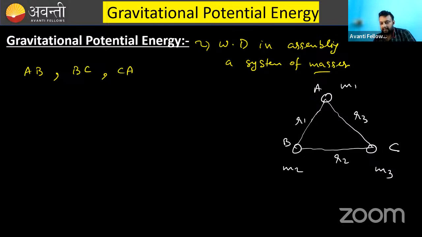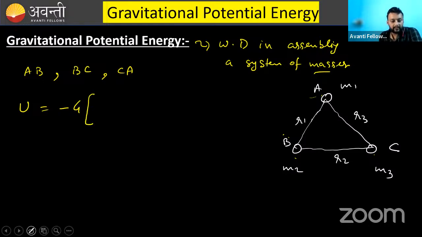Out of these three masses, you need to form the pairs. So A and B is a pair, B and C is a pair, C and A is a pair. Only three pairs are there. Then again, what you should do now, the gravitational potential energy is equal to, put the negative sign and write G. I am telling you the trick.